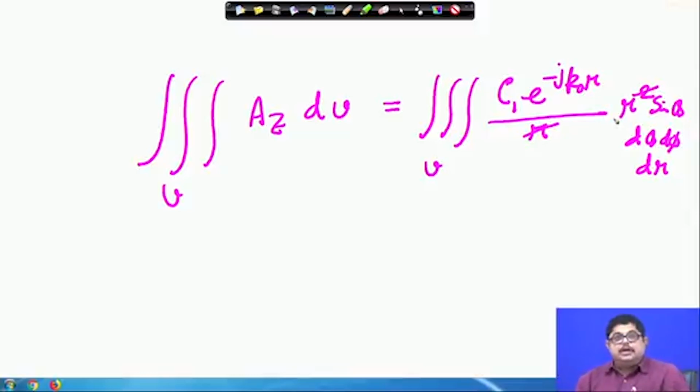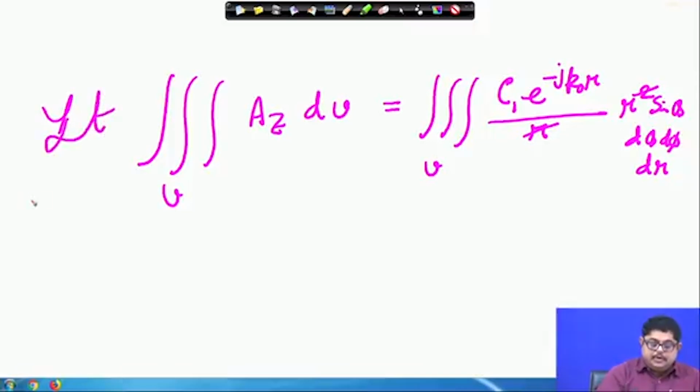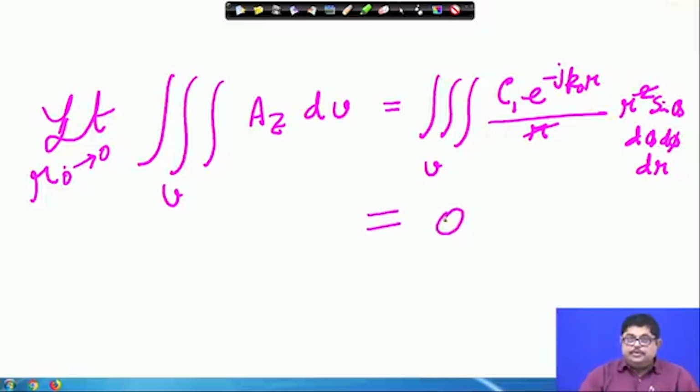So, finally, when I put the limit r naught tends to 0, this will become 0. So, this term I can forget.